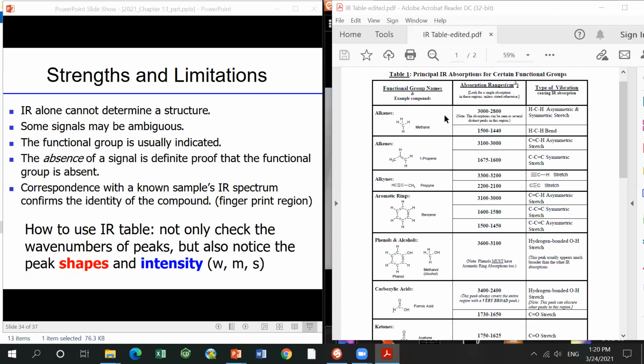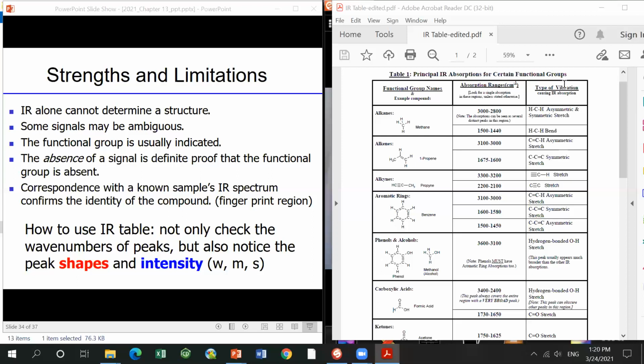That is quite often missed by beginner students. The values for the intensity are weak, medium, strong. So quite often beginners, like you guys, just look at the frequency.